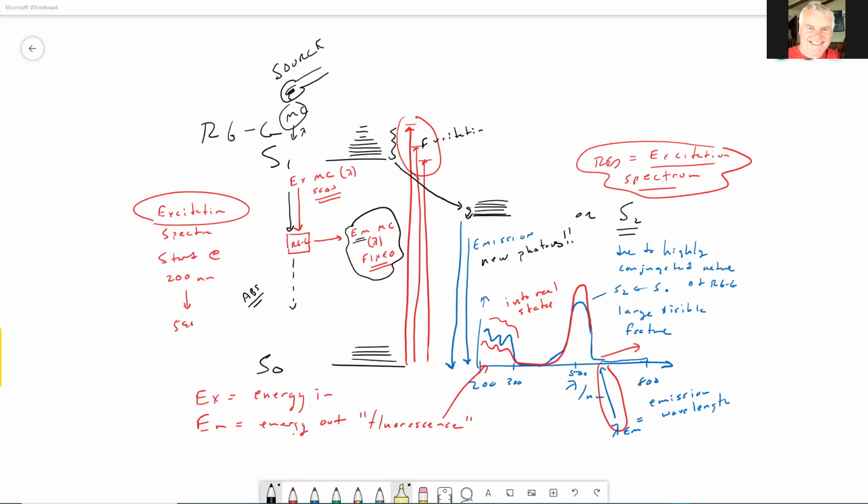Now in emission spectroscopy or in excitation spectroscopy, you're going to vary the frequency of light coming in, or the wavelength of light coming in, but then you're just going to look at light coming out at this one specific wavelength that corresponds to this transition here, that one longer wavelength transition, right?